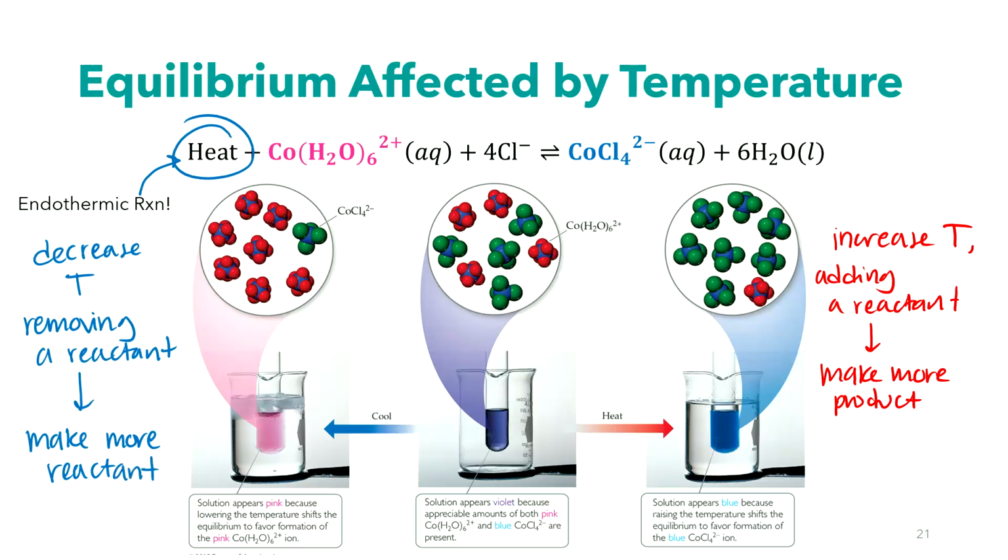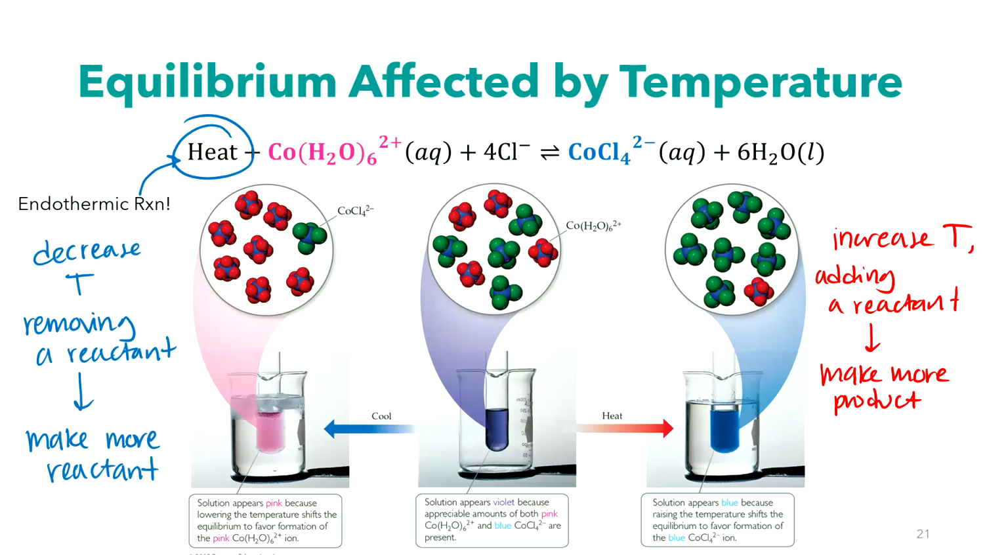This is a nice colorful reaction where it's purple, we have an even balance of blue and pink. When it's cold, we have more of the reactant, which is pink. We've taken out the reactant, which is heat, and we force more reactant to form. Same, opposite going the other direction: add in the reactant, which is heat, and we make more of our product.